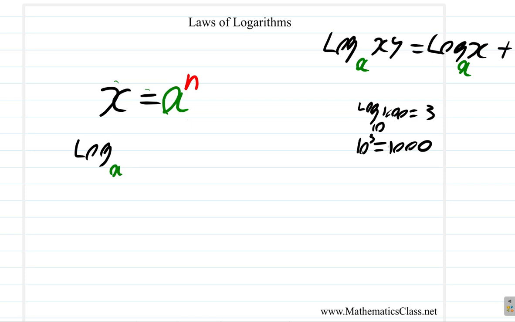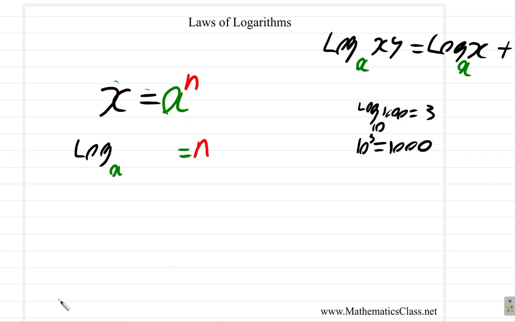Now, in index form, the index is 3. In log form, it is the answer. The index is n. In log form, it is the answer. In index form, we have the answer 1000. In log form, it's the number that we log.